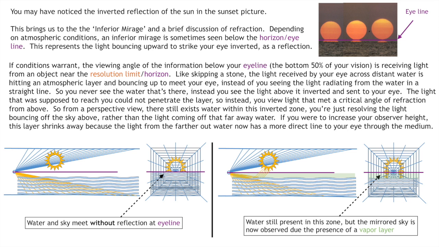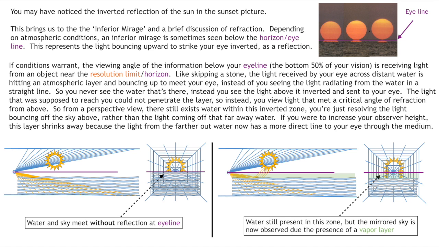So on the left side here, I am assuming that I have met theta for both above and below my eye line, and I have converged those images together, and you see that the sun is setting a little bit, and the water is setting a little bit as well into the horizon line. And they are meeting without any reflection at that point.